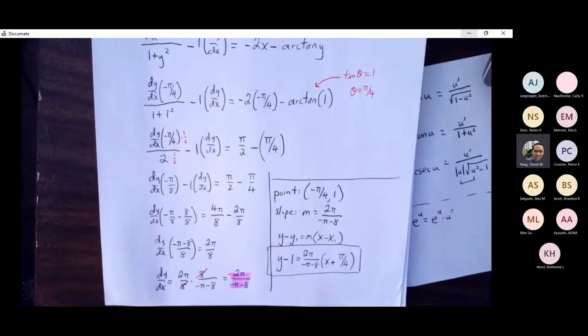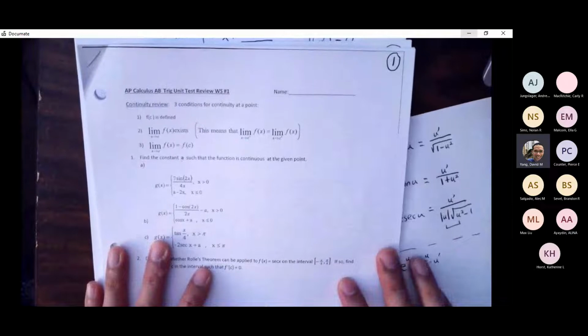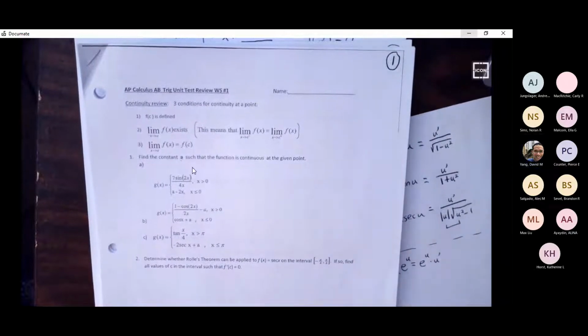Let me switch over to doing some trig-related rates. So this is in your test review packet. And if you don't have one, you can just follow along. I can also put up a link to that test review packet. The key is also attached inside.